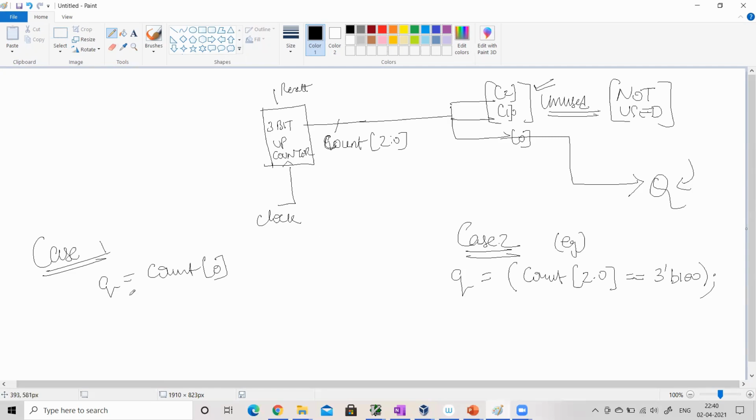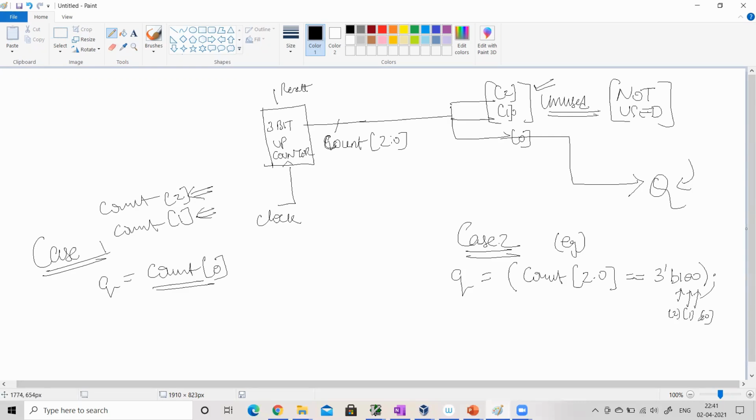What it means here is I am least bothered about what is the value of bit 1 and bit 2. Correct? Count bit index 2 and count bit index 1, I am least bothered. I am just looking for count[0]. That's all. Whereas if I look at this, I am interested in some value of count[2], count[1], count[0].